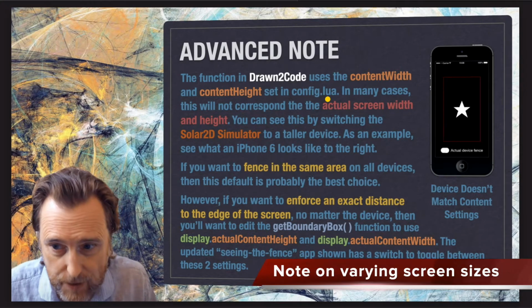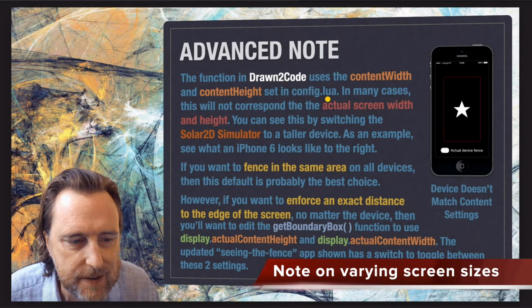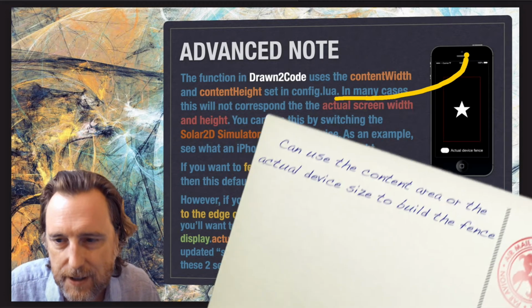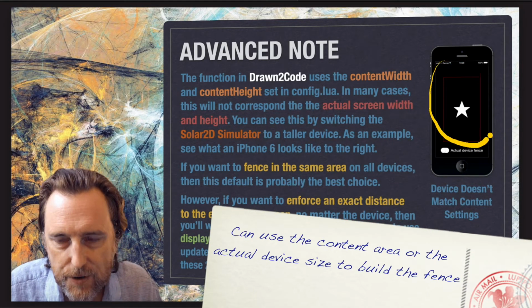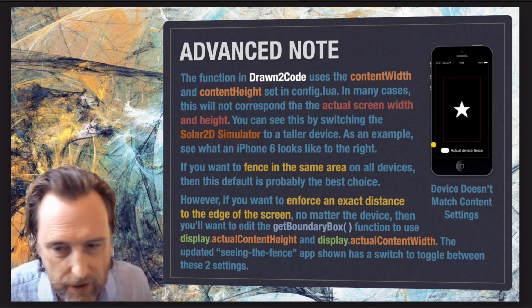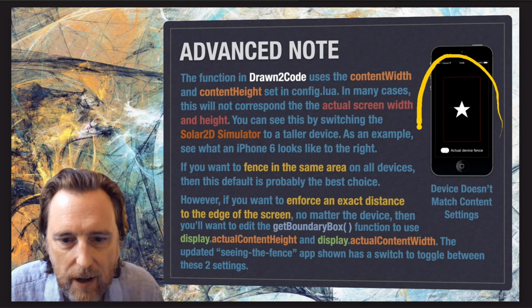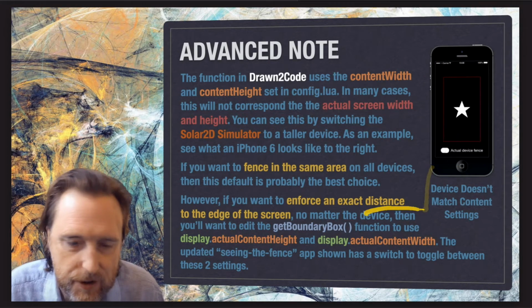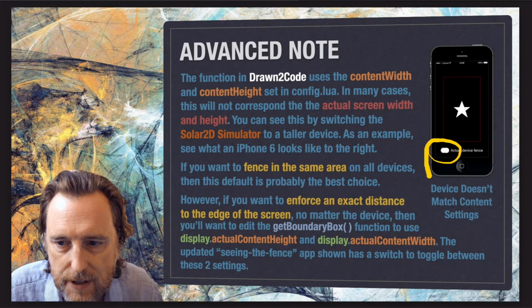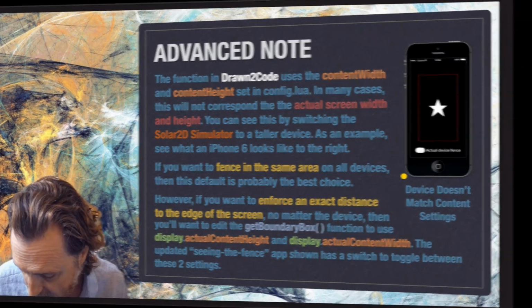The advanced note talks about something like this, that there's additional stuff that you'll need to do. I've provided you an example of using the content area or using the actual device fence. In the resource downloads, there's a variation of this that shows you how to fix it, and also lets you toggle it on and off so that you can see the difference. I'm going to skip over that.